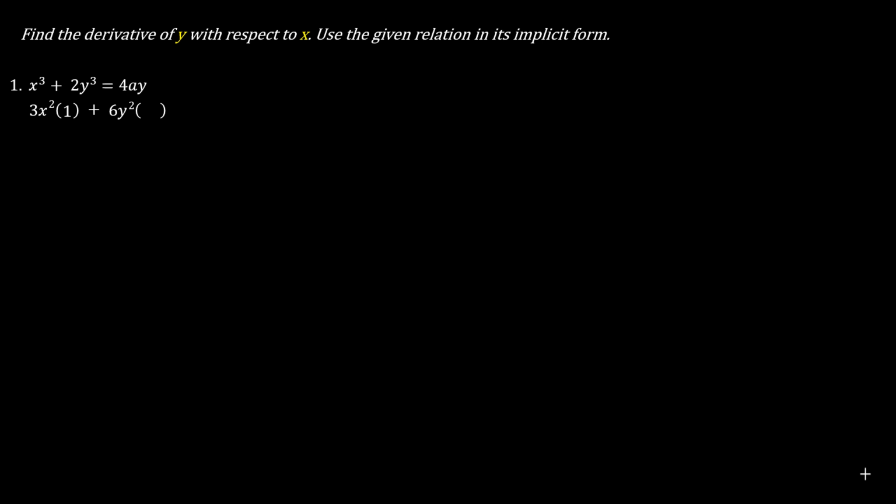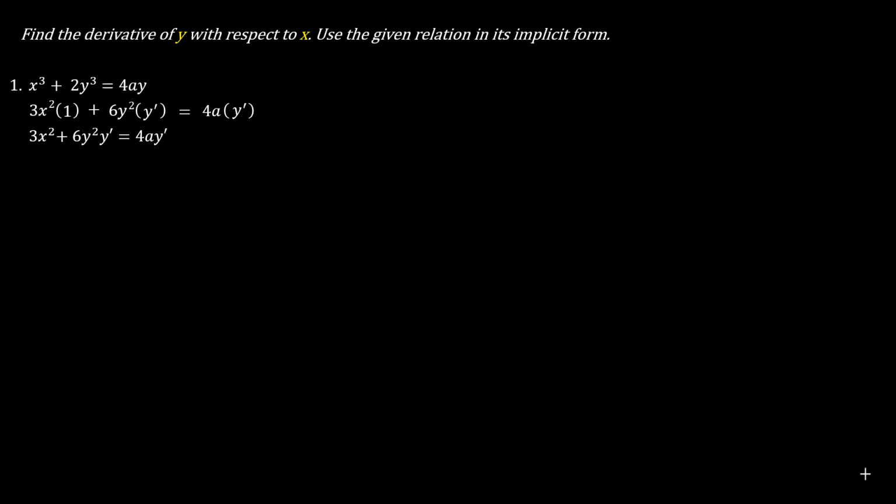The derivative of y with respect to x, we are using y prime, is equal to the derivative of 4ay: just copy 4a, which is a constant, multiply by the derivative of y, which is y prime. Simplify. Therefore, 3x squared plus 6y squared y prime is equal to 4a y prime.